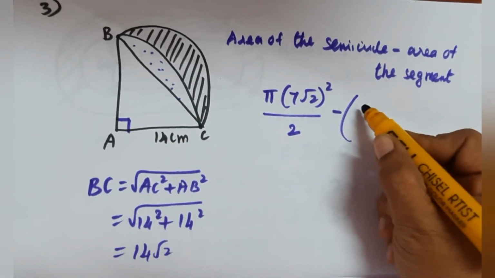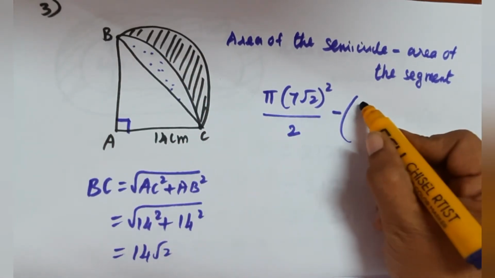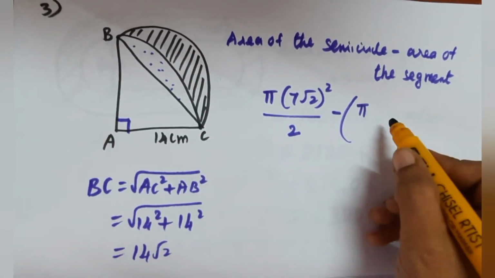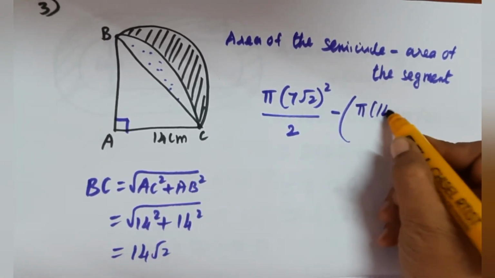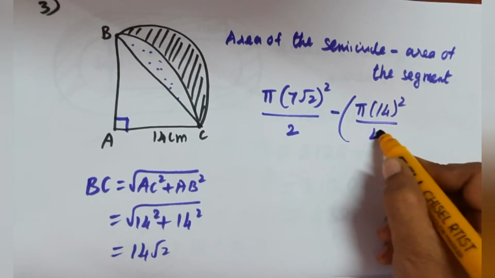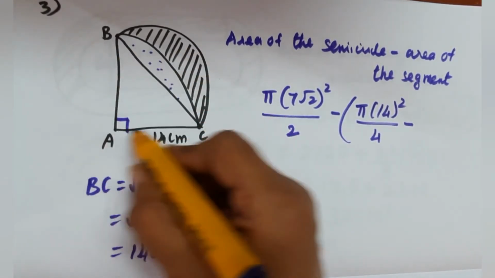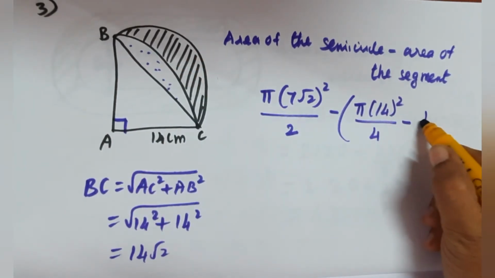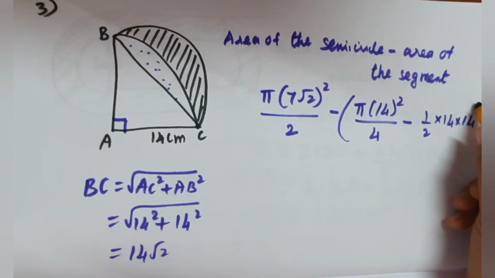So the area of the quadrant: the area of the quadrant means pi r square by 4. Here the radius we need to take as 14, 14 square by 4 for the quadrant, minus the area of the triangle, the right triangle, so half into 14 into 14.